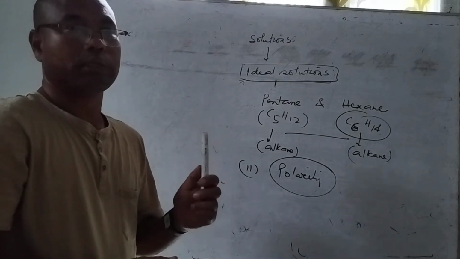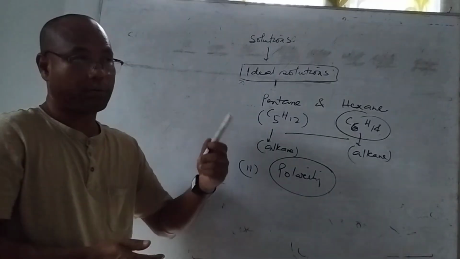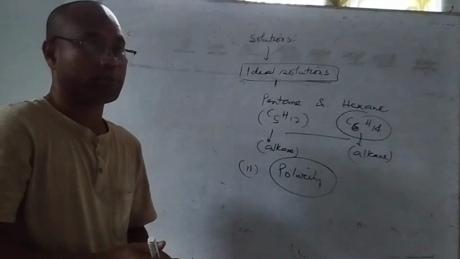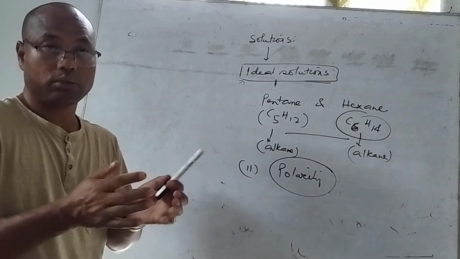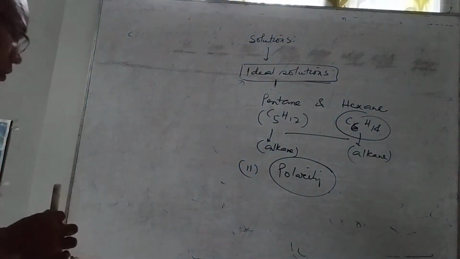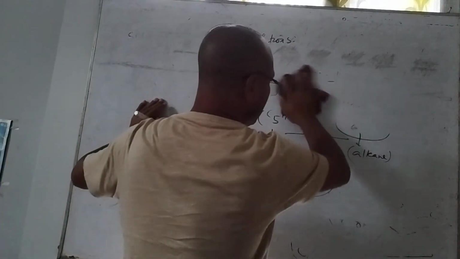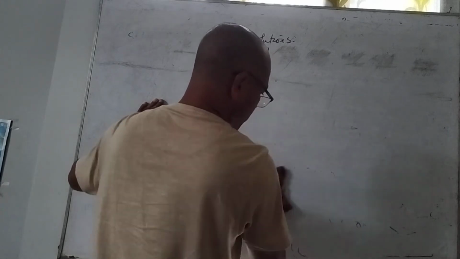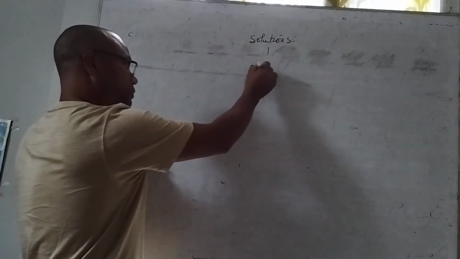The most important thing is the examples. In your mid exam and final examination, they usually ask some common questions related to examples of ideal or non-ideal solutions. Next we go to the non-ideal solution.